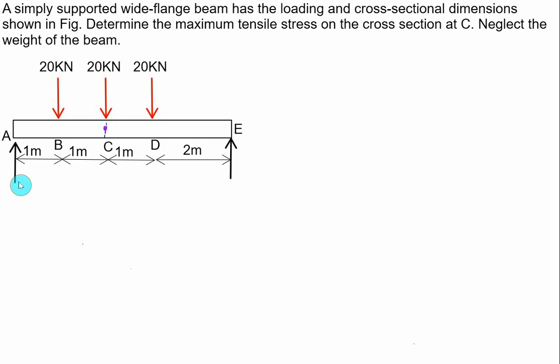For this, we require the reaction AY and the reaction EY. Since we are interested in AY, we'll take the sum of the moment about E equal to 0. To find the value of AY, we'll take the sum of moments of all forces about the point E, and we'll take the clockwise moment as a positive value.